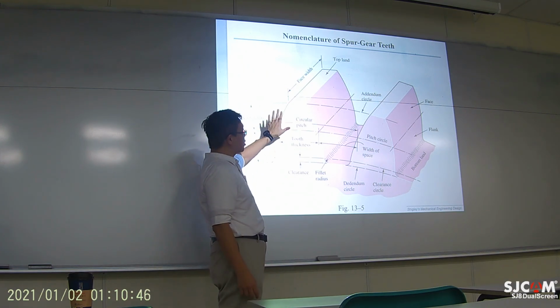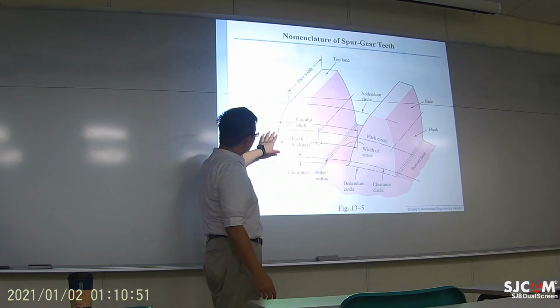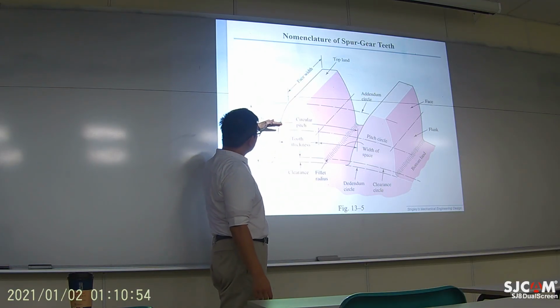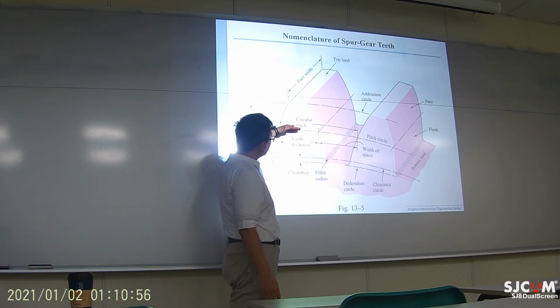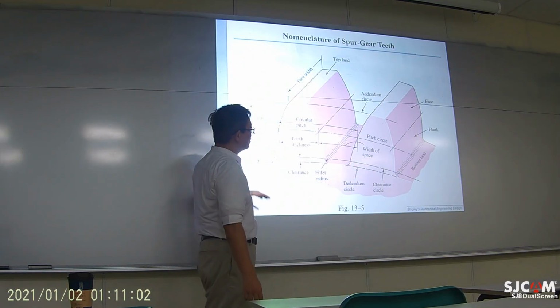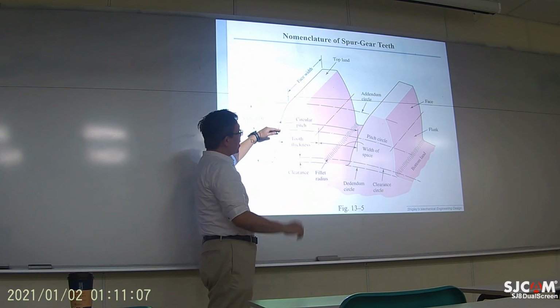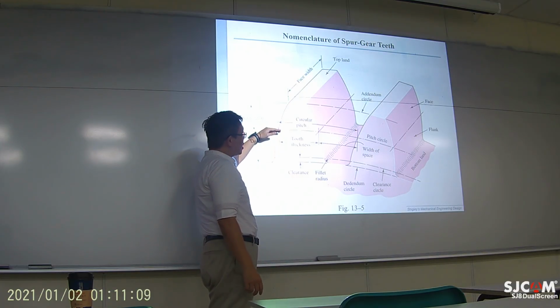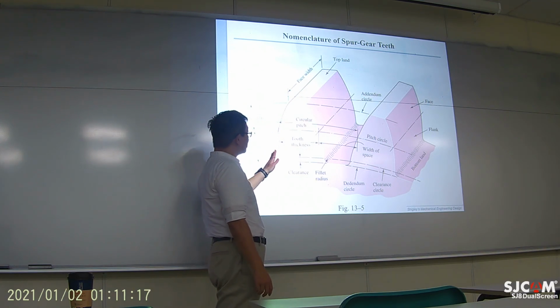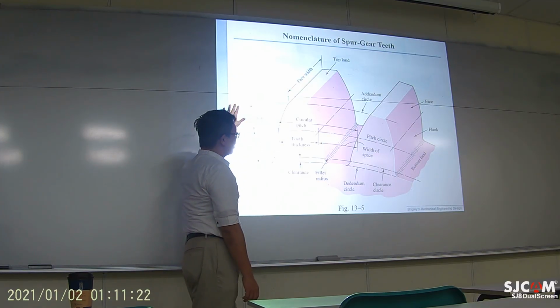So for spur gear, this is one tooth, and somewhere in the middle there is an imaginary circle. Okay, you don't see it. It's somewhere right there. It's called a pitch circle, and usually you design with a certain pitch circle first, then you design the proper profile of the teeth based on the pitch circle.